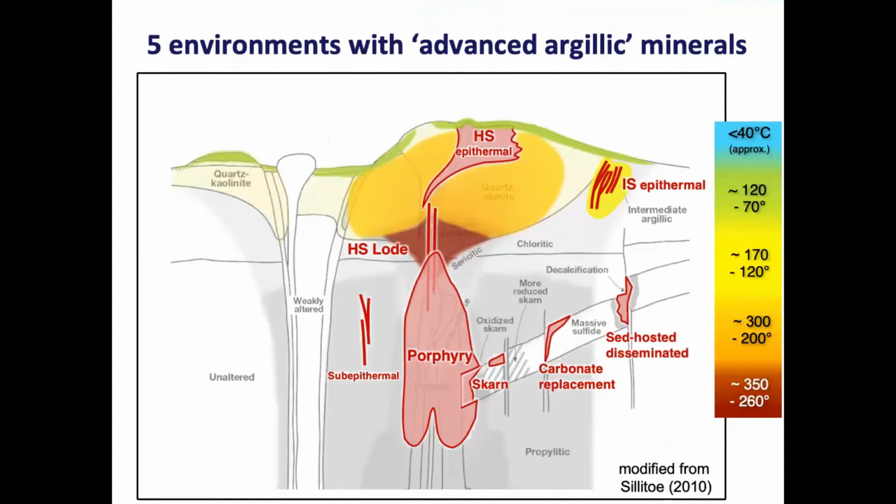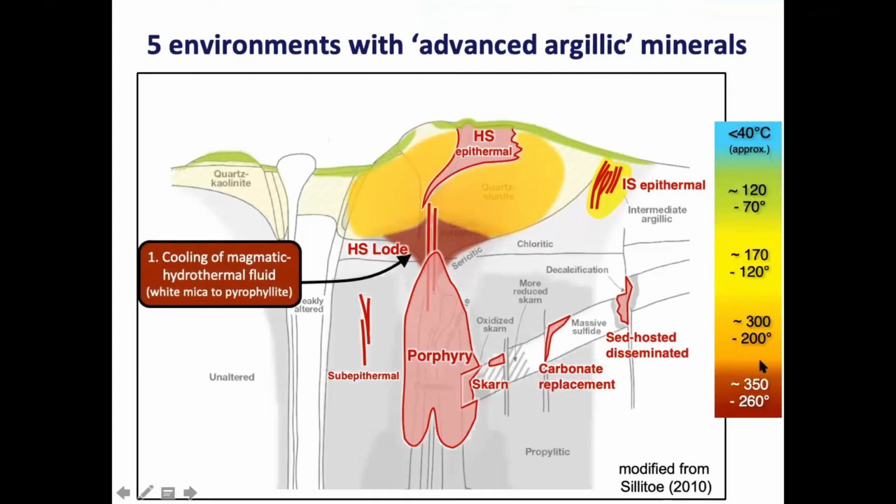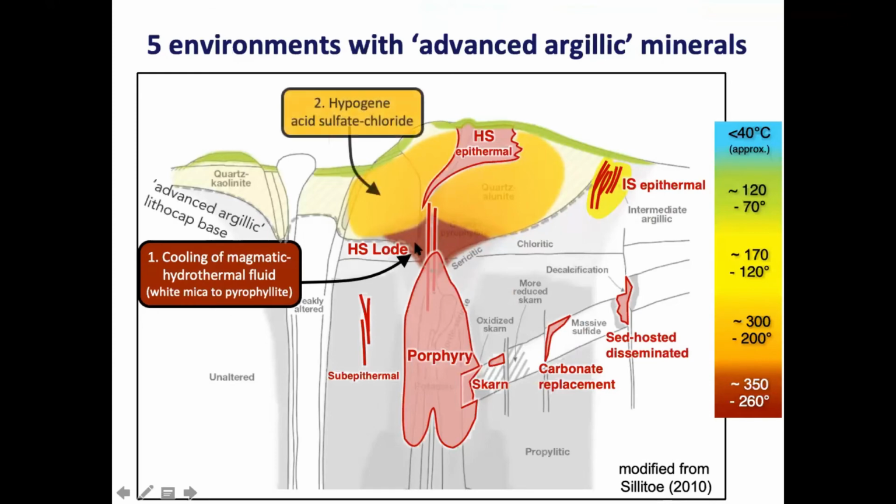So finally, we just repeat this: high temperatures here, right over the top of the porphyry, at the base of the lithocap. The lithocap is associated with hypogene acid sulfate chloride fluids formed from volcanic vapor condensates, subsequently mineralized in some cases, but remember, this alteration style is barren on formation.